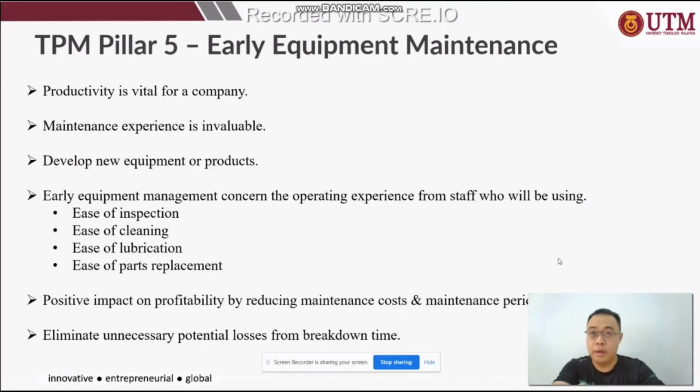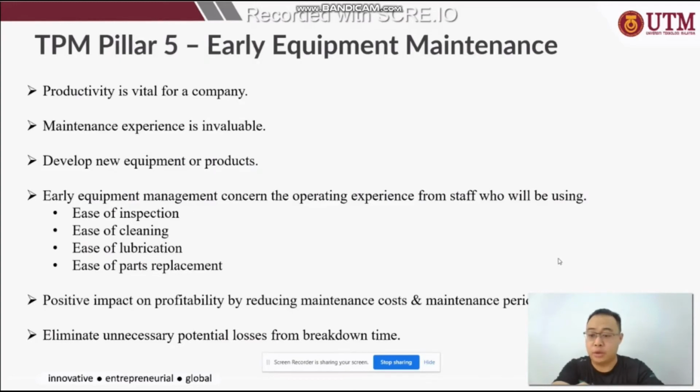So to achieve minimal breakdown time, maintenance experience from the workers becomes invaluable because we know that experience is the teacher for all things. From the workers' experience, we can improve the maintenance, for example the SOP and also the equipment, by developing new equipment or products.